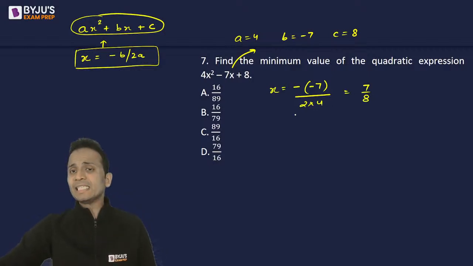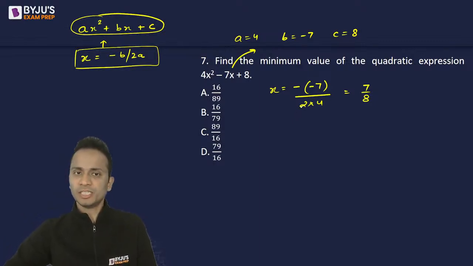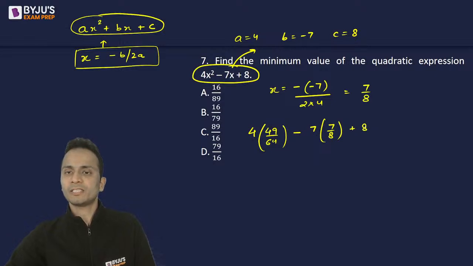So at x equal to 7 upon 8, I will get the minimum value of this expression. Okay? Now substitute the value of x as 7 upon 8. So 4 into 7 upon 8 square, that is 49 upon 64, minus 7 into 7 upon 8 plus 8.